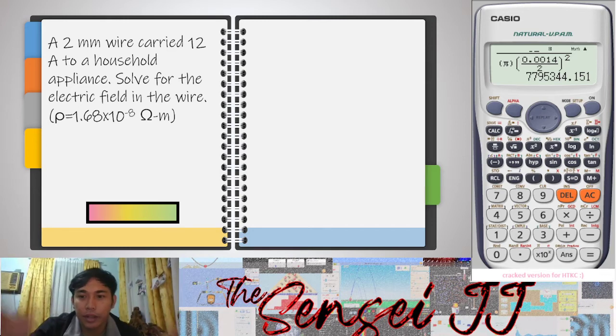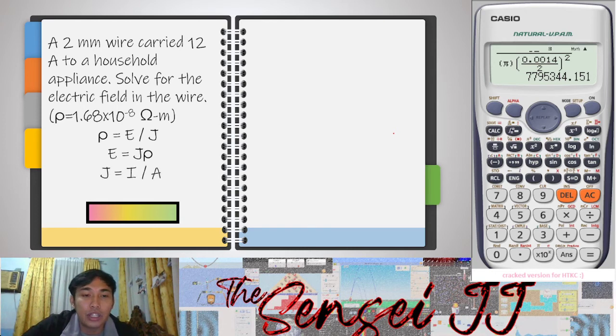Okay, so I hope that you're finished answering this problem. Let's try to solve for this. Our formula: resistivity is equivalent to the electric field strength over J. So the electric field strength E is equal to J times resistivity.